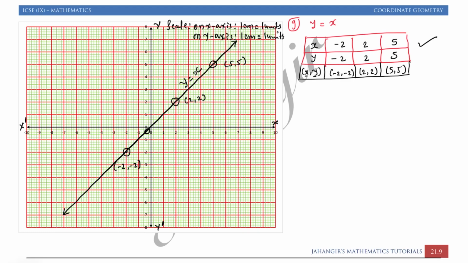Now the second line, in the second one we have the graph of y is equal to minus x. So what we will do, again for that we will draw a table.